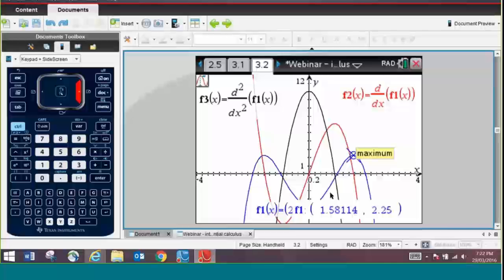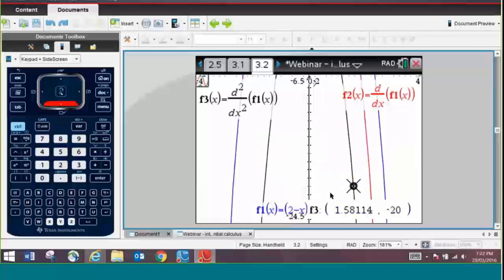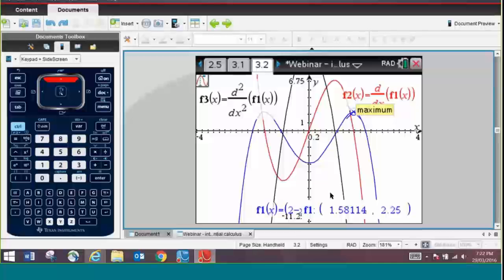But the beautiful thing about doing this is then jumping between the graphs. So I'm at a maximum now on my original graph, and if I hit the down button, it takes me then to one of the other graphs. In this case, it's jumped to F3.